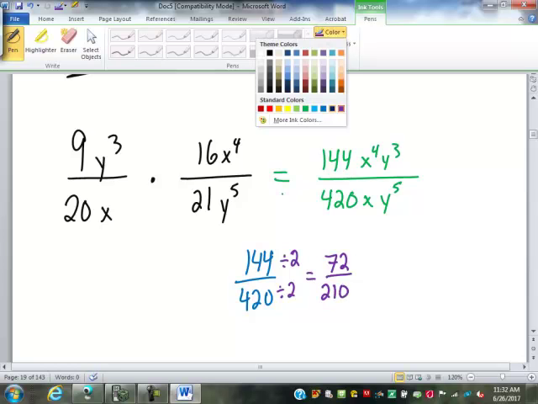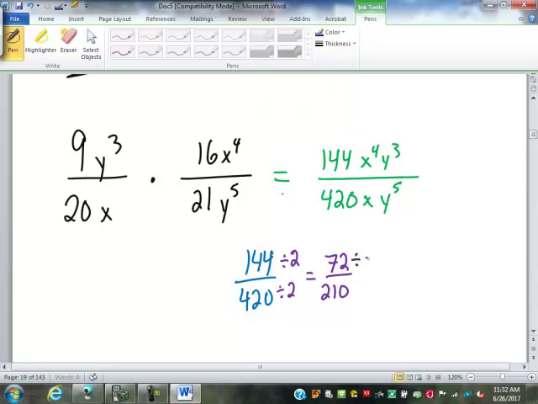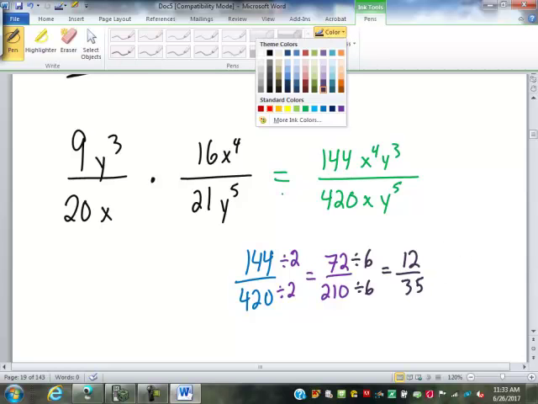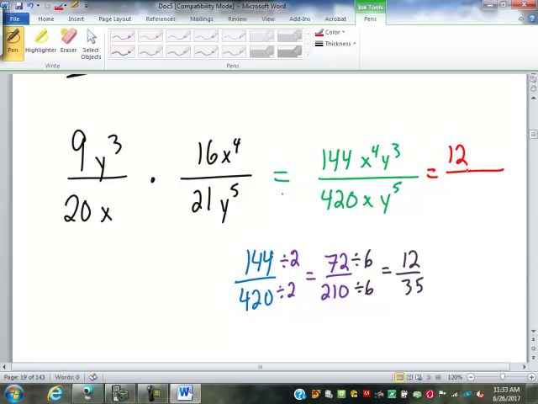Now I can see a little bit better that both of them can be divided by maybe 6. 72 divided by 6 is 12. 210 divided by 6 is 35. Can I reduce them any further? No. 35 only divides by 5 and 7, and 12 can't divide by either one of those. So that gives us 12 over 35 as the numerical part of our answer.